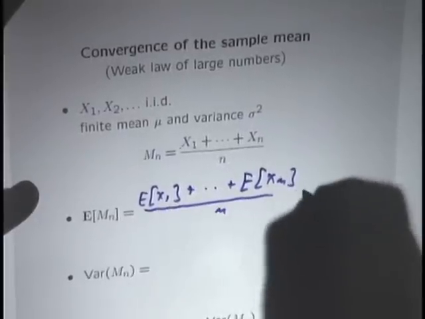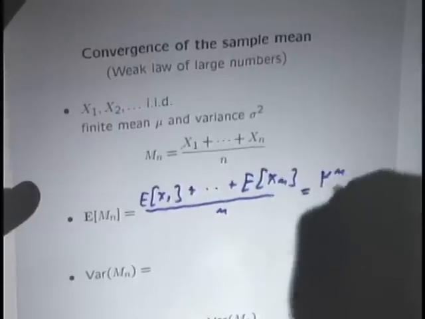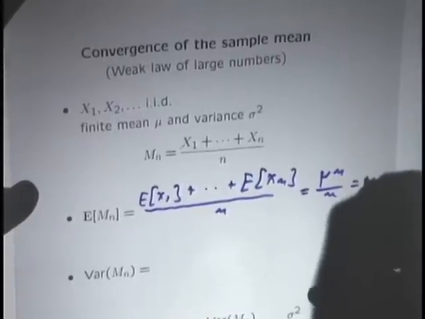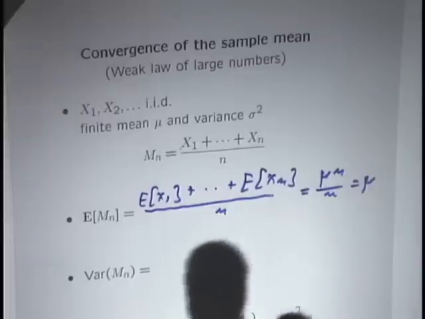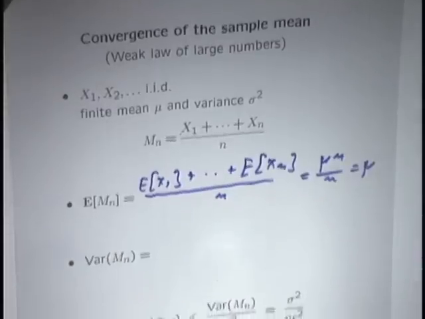Each one of these expected values is mu. So we get mu. So the sample mean, the average value of this Mn in expectation, is the same as the true mean inside our population.